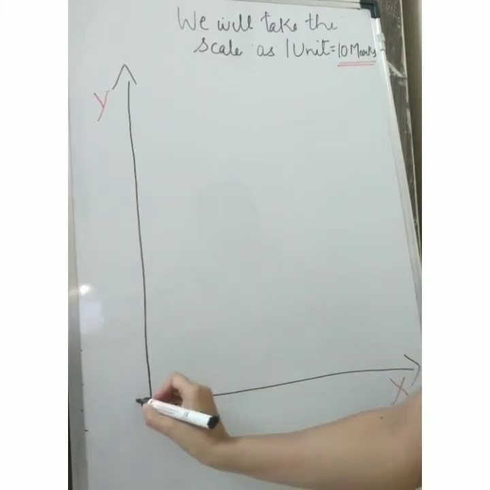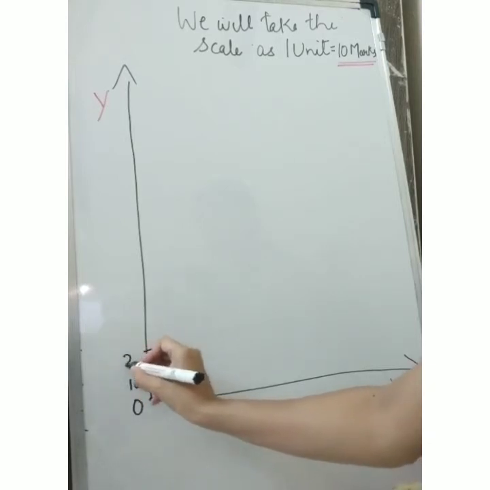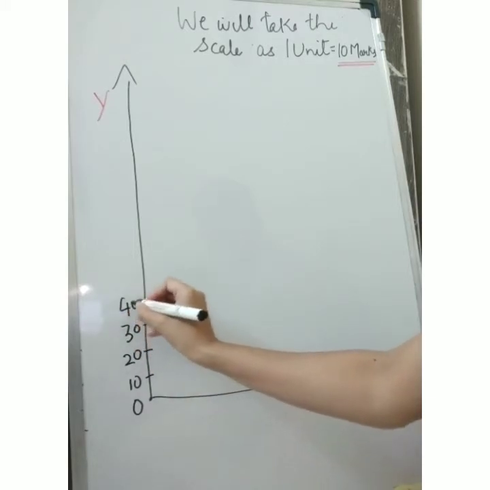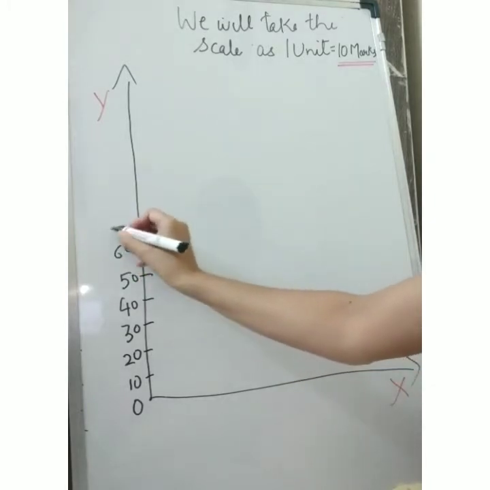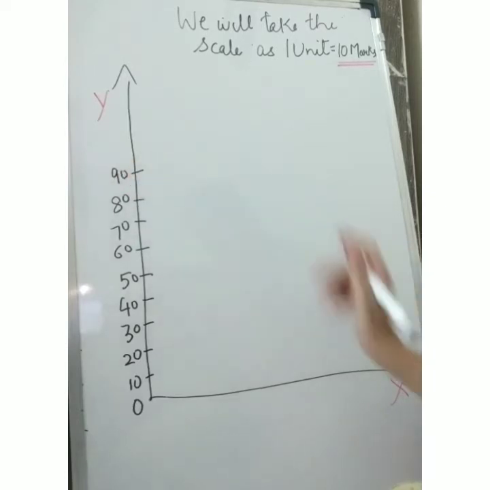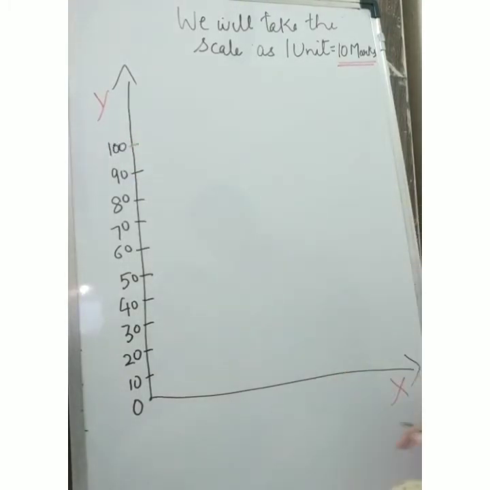We'll start this point as 0, then 10, 20, 30, 40, 50, 60, 70, 80, 90. Now we will see the last value, it is 95. So we will move till 100. Just see the last value, because 95 is the maximum value, so we will draw till 100.